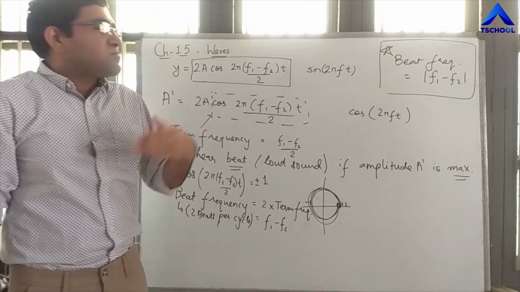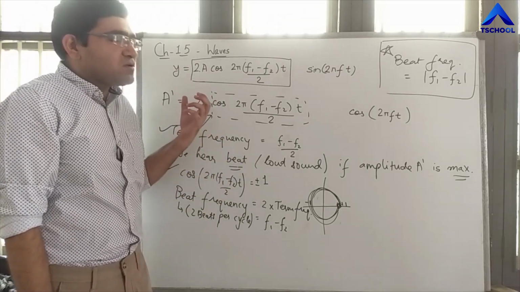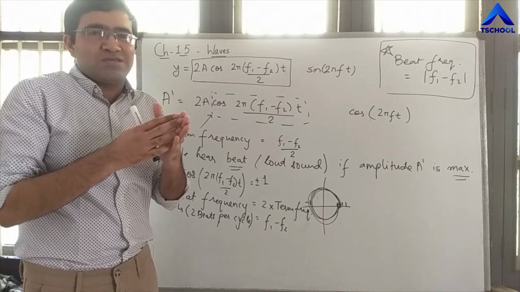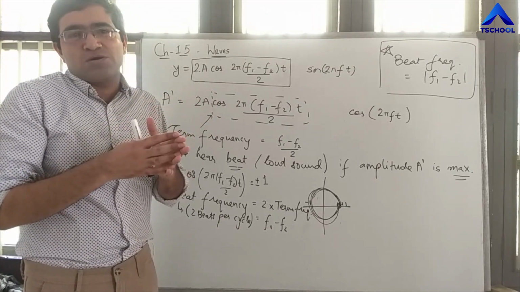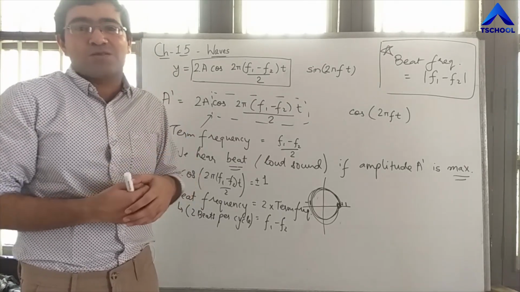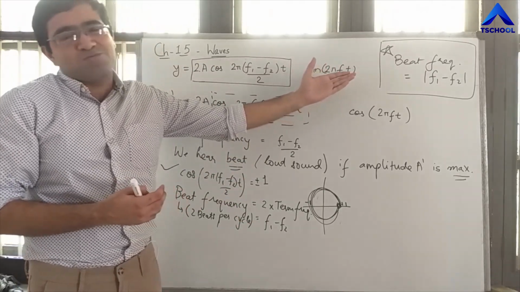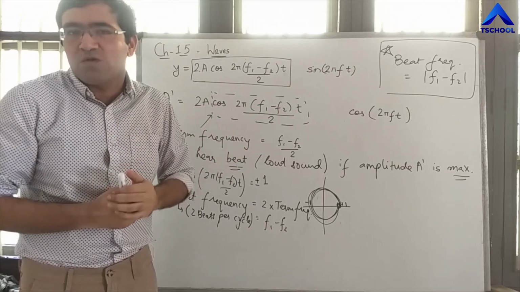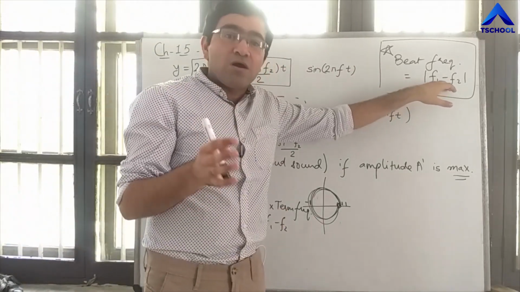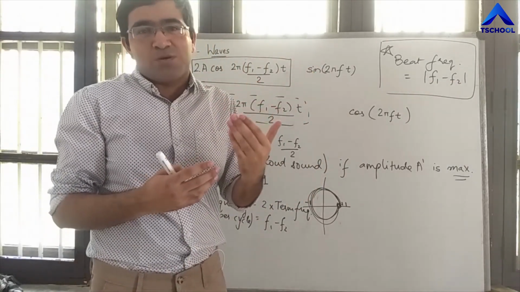Now, again, beats are a phenomenon that occurs when you have two sounds of slightly different frequency superposed with each other, and in that case you're going to hear a pulsating sound like heartbeats, and the frequency with which you are going to hear the beats is modulus of f1 minus f2. The difference of frequency is small. Again, this difference has to be small, otherwise our ears cannot sense the variation in sound.